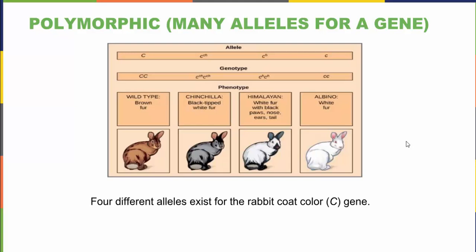It's not just big foot or little foot. Of course, in reality, most of the things we talk about in this class, hair color, eye color, foot size, height, all of these things, they depend on multiple genes. It's not just a single gene, but anyways, keep in mind that there's not always just two choices of allele. Sometimes there's many, and that's called polymorphism.